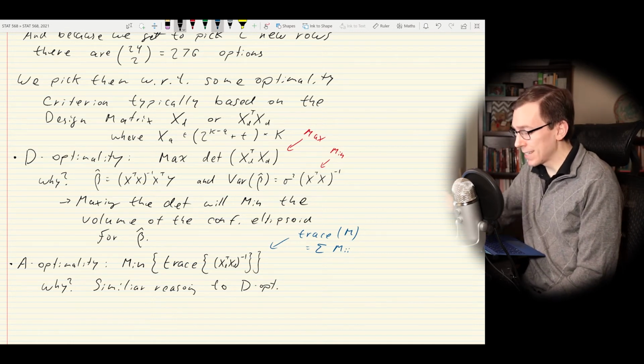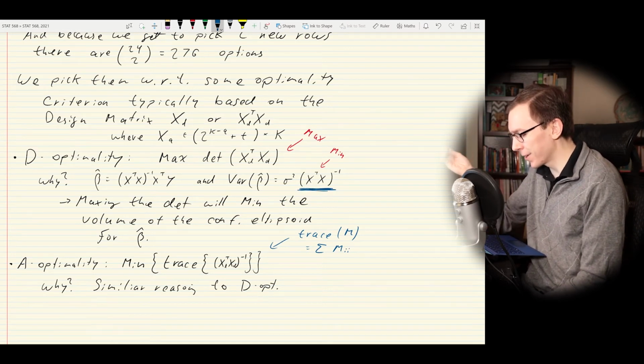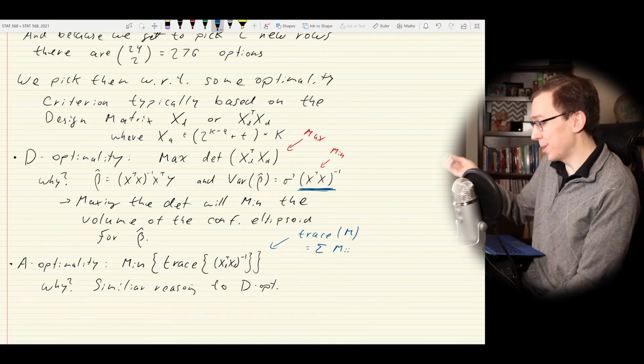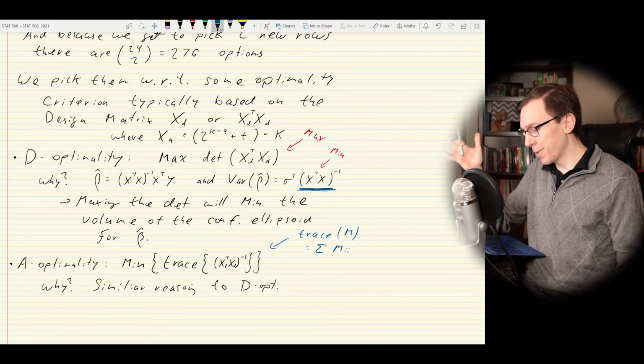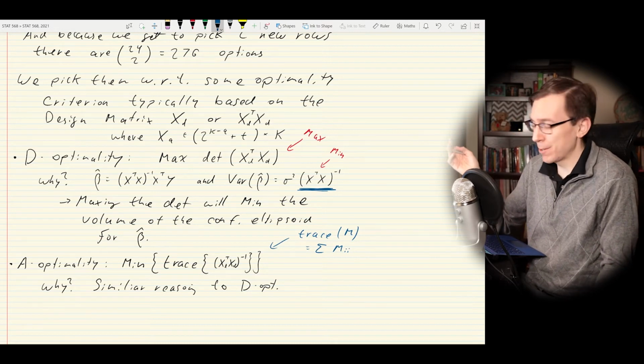If we go right back to the idea that the variance of our least squares estimator is in terms of x transpose x inverse, A-optimality says, let's minimize the trace of that matrix. That also seems pretty reasonable.